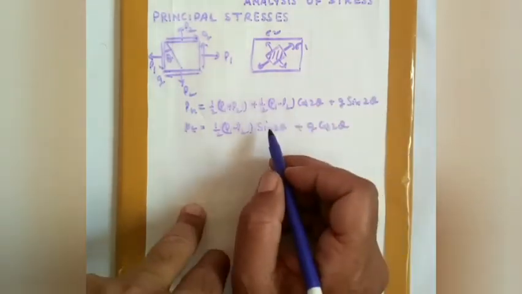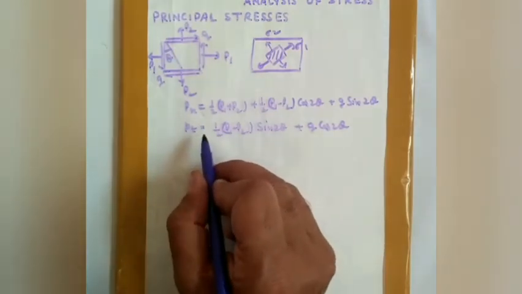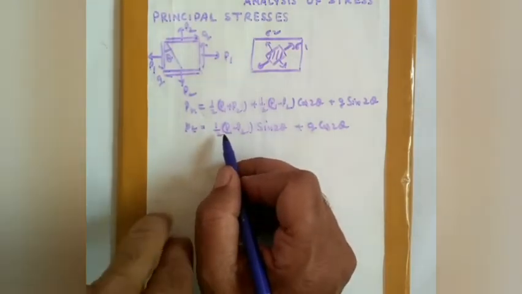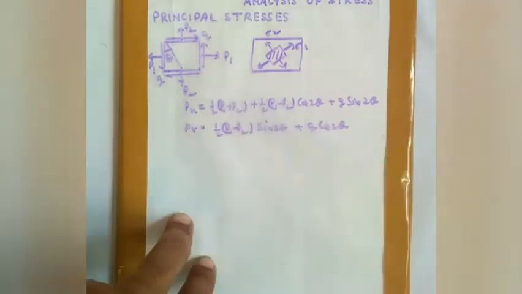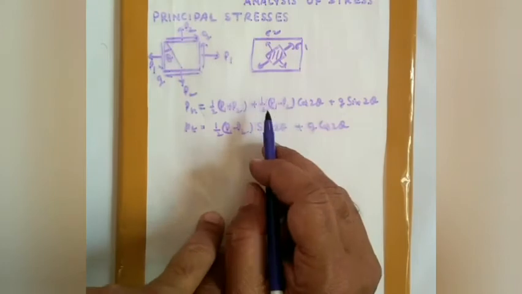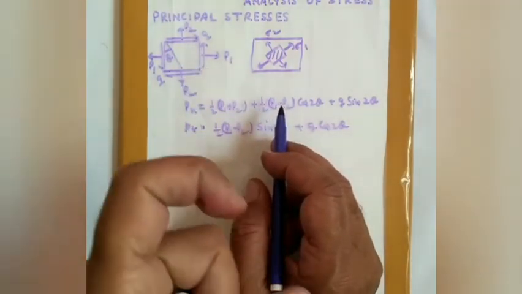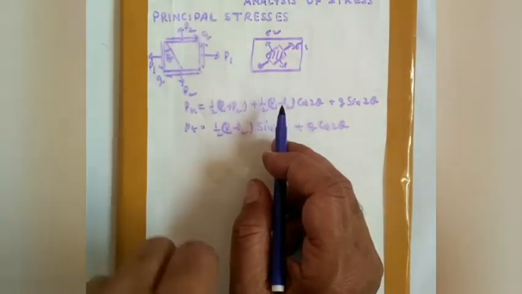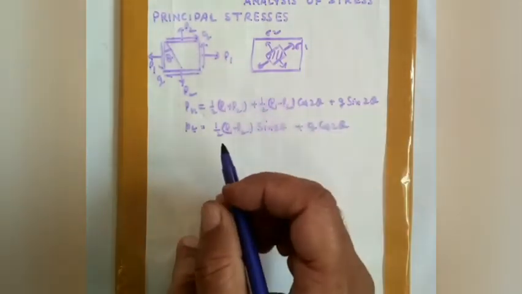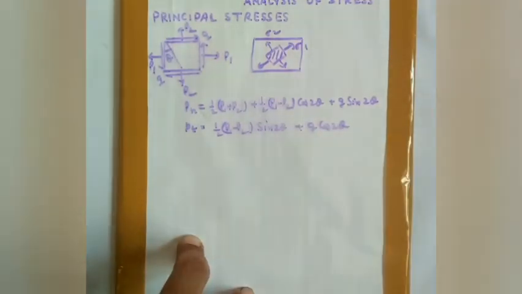But in engineering problems, we are more interested in the largest normal stress which would act on the stressed element. The plane at which the largest normal stress acts is called the principal plane, and the largest stress is called the principal stress.